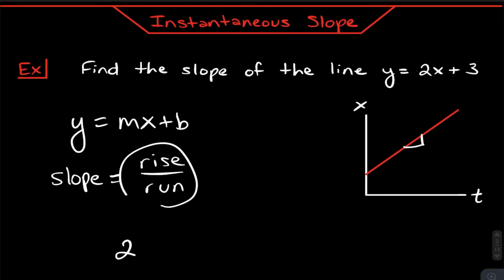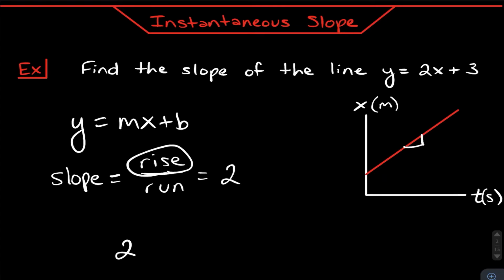Well, the slope is, again, rise over run. And we know that in this graph our slope is 2. But what are the units on that? Well, position is measured in meters, and time is measured in seconds. So rise is going to be 2 meters up for every second that we go over, because it's all over 1.